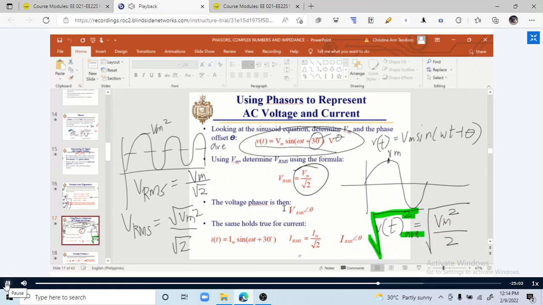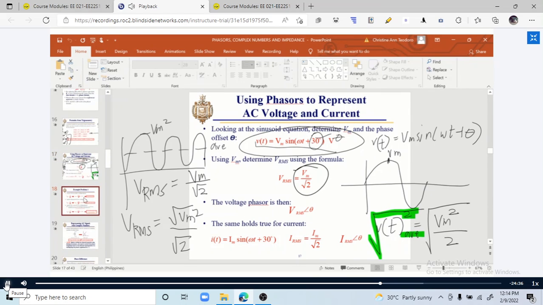So this will be our phasor domain format. If you have 20 sine omega t plus 30 degrees, VRMS will be 20 over square root of 2, and that would be our VRMS, correct? So that is now our phasor format.